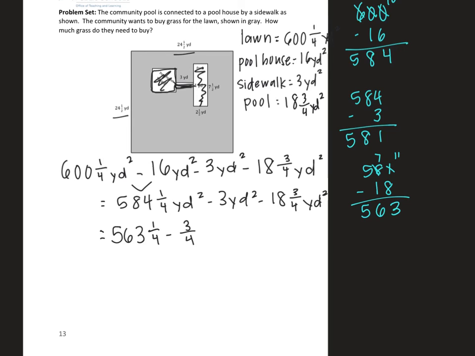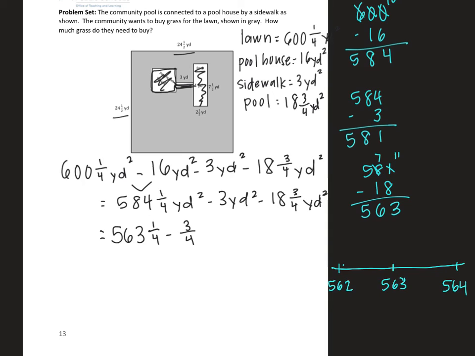If I have a number line here, and this is 562, this is 563, and this is 564.